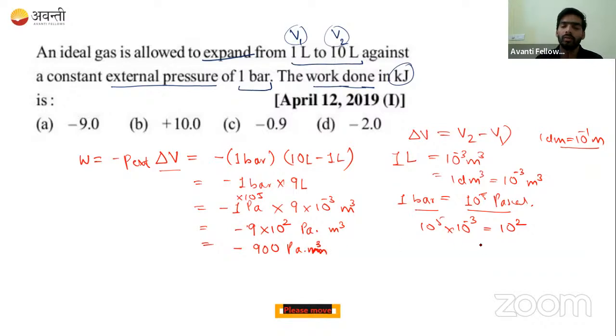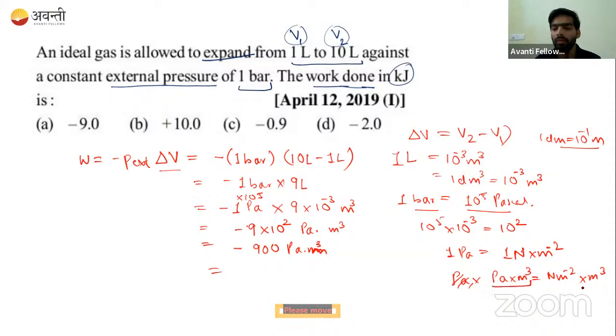We know that 1 Pascal is 1 Newton per meter square. So Pascal multiplied by meter cube becomes Newton per meter square times meter cube, which is Newton meter.